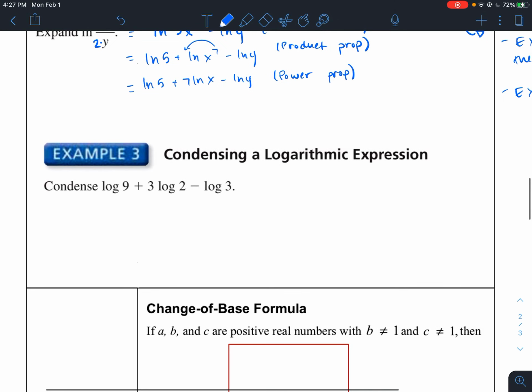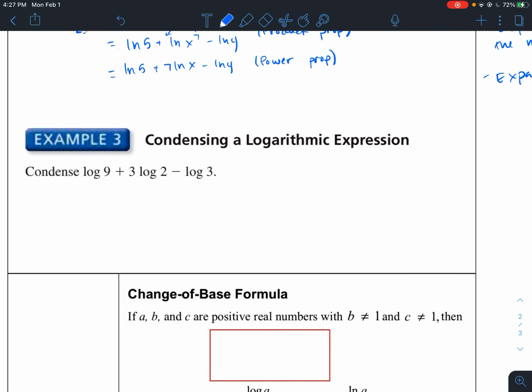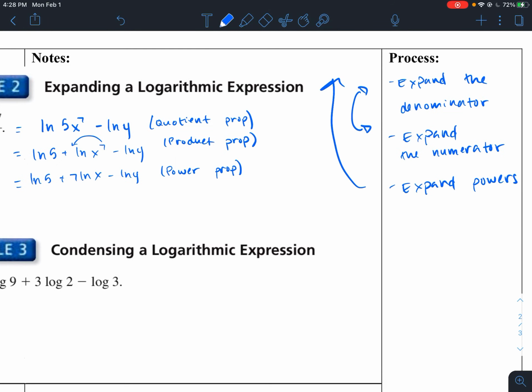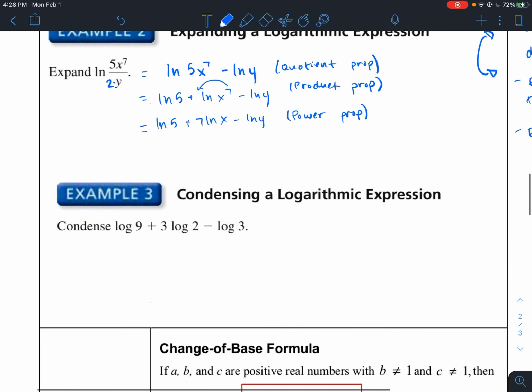Alright, let's go to this next example where we're not expanding, but we're condensing. So can we work the other way around? Condense log of 9 plus 3 log of 2 minus log of 3. Now, I would just recommend that you work in reverse here. Anything that can be made into a power, I would do first. For example, I see that this 3 is being multiplied by the log of 2.